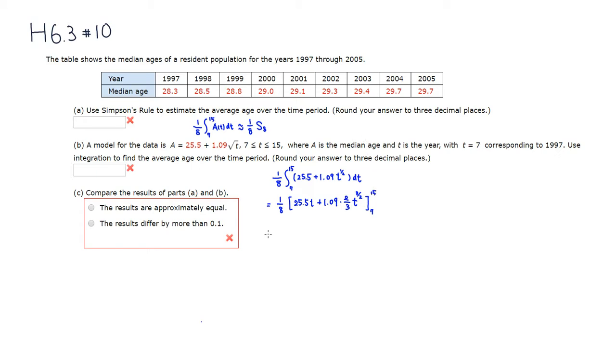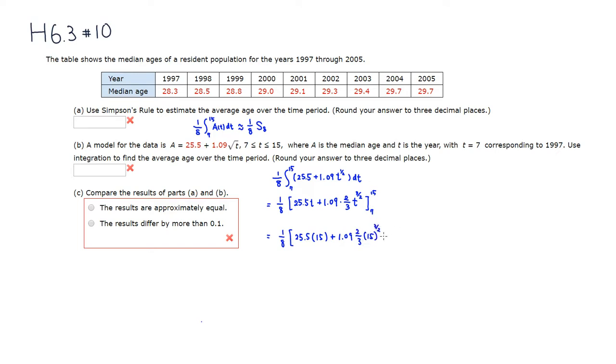So we have 1 over 8, and then we plug in 15 first. So you have 25.5 times 15, plus 1.09 times 2/3 times 15 raised to the 3/2 power.